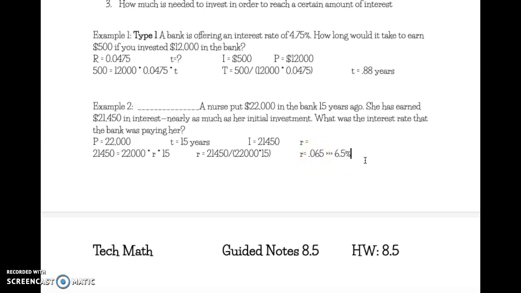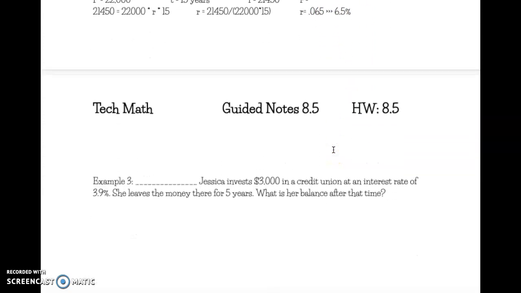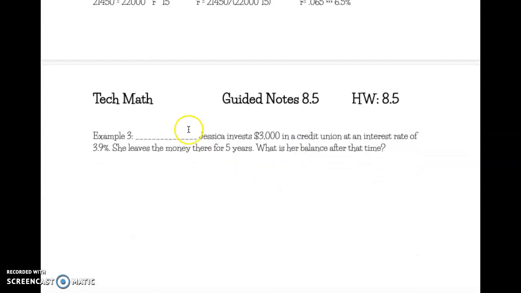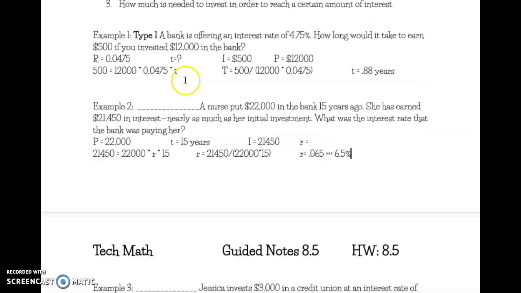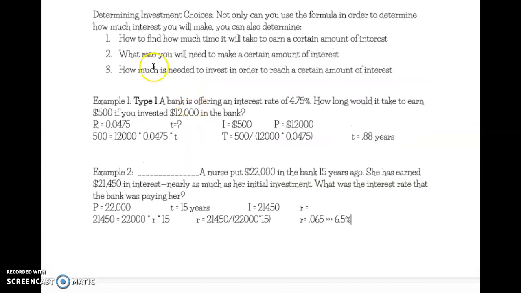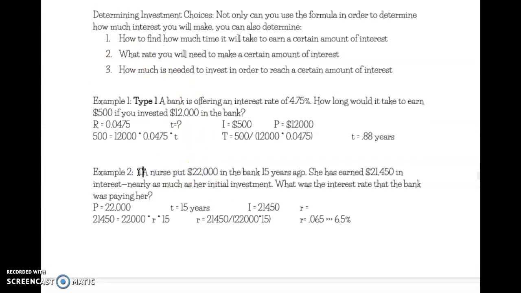So instead of getting 0.065, which is more realistic, she actually got a 6.5% rate. All right, on to that last example. Oh, I'm sorry. Let's just quickly say, because we were looking for a rate here, that is a type 2.